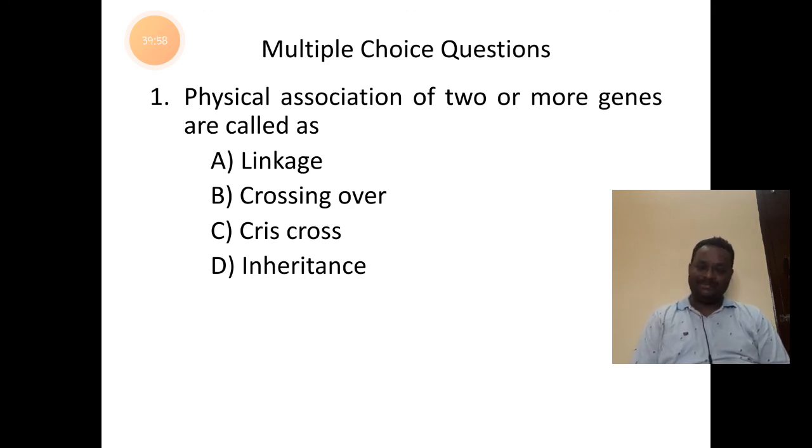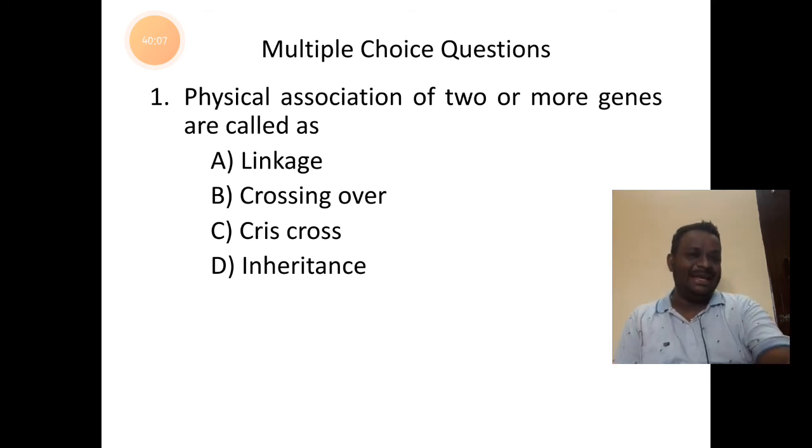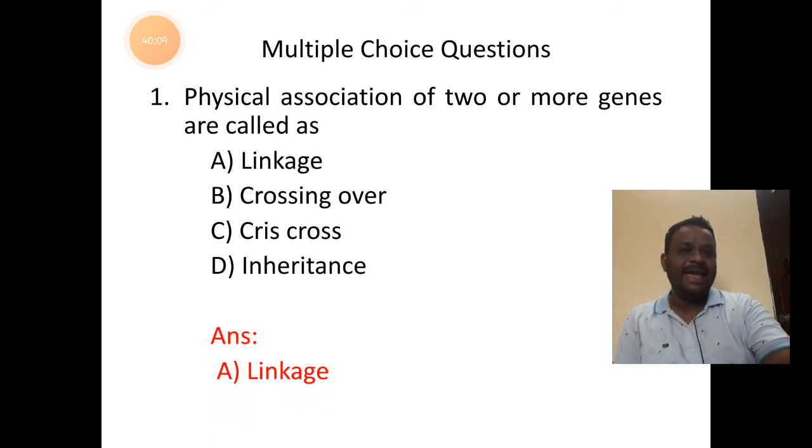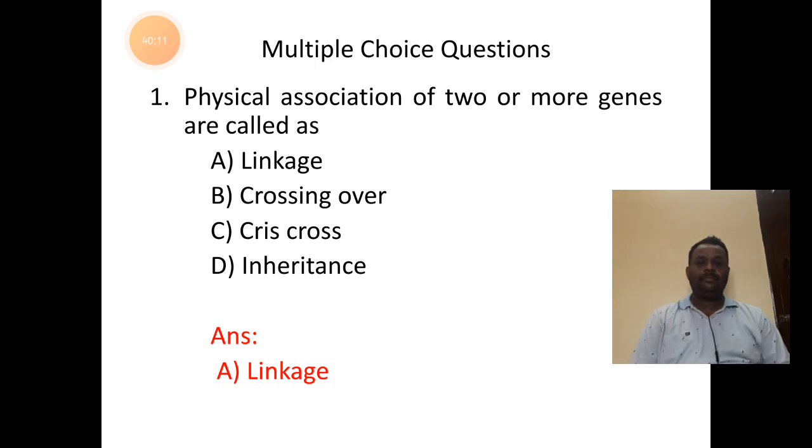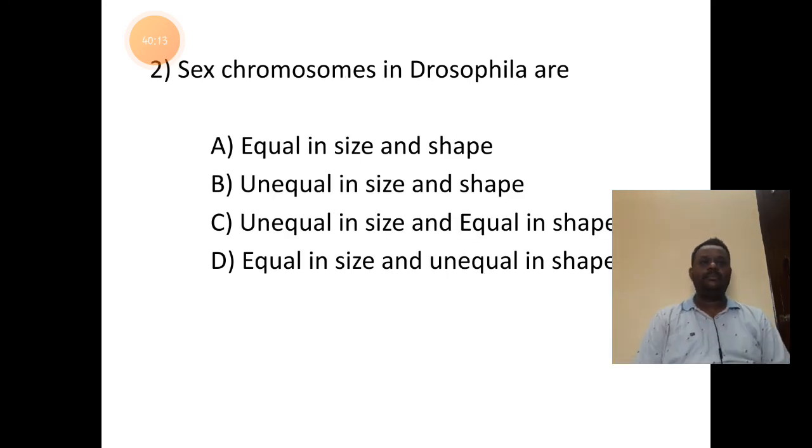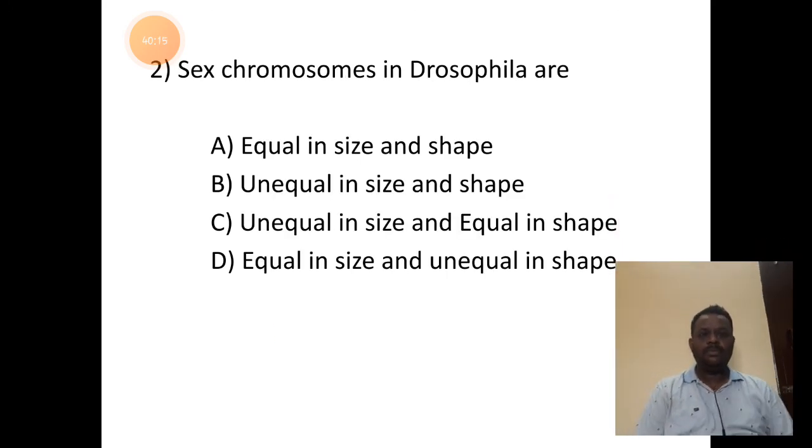Question 1. The physical association of genes of two or more seen on a chromosome is called what? Linkage. So the answer is A. The sex chromosomes in Drosophila are said to be unequal in size and shape.